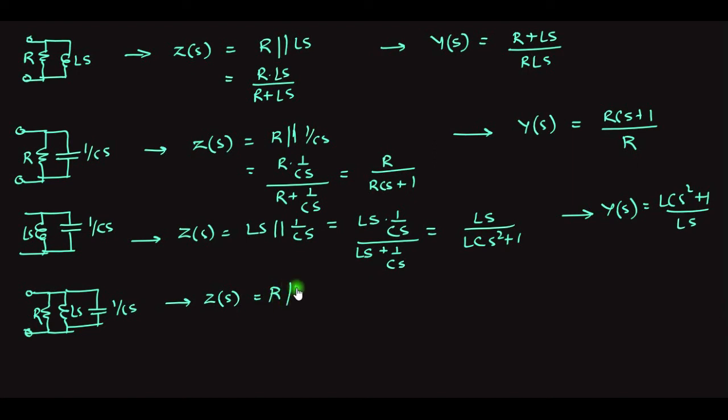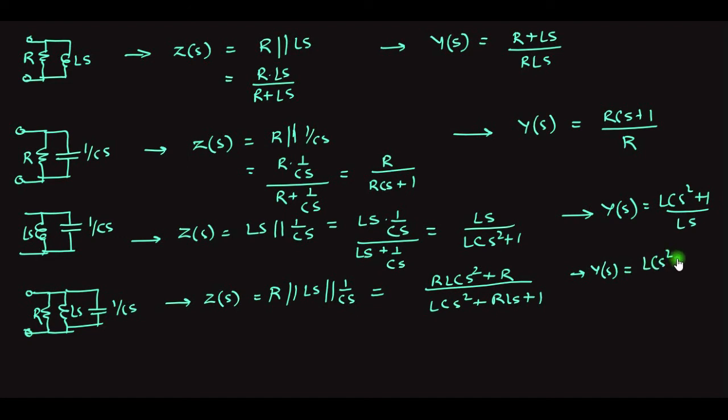It will be R parallel Ls parallel 1 by Cs, and on solving this will come out to be, and its driving point admittance would look like (LCs square plus RLs plus 1) divided by (RLCs square plus R).